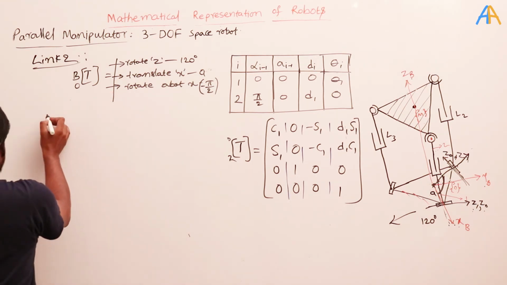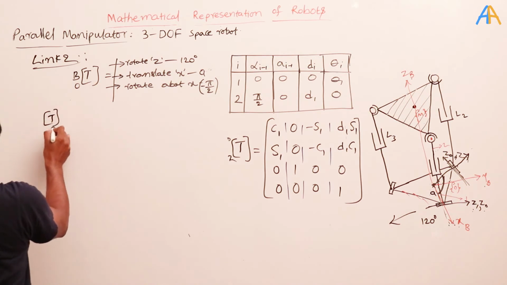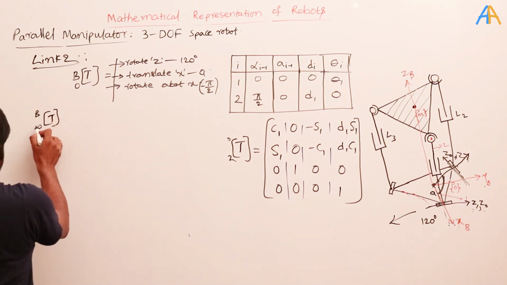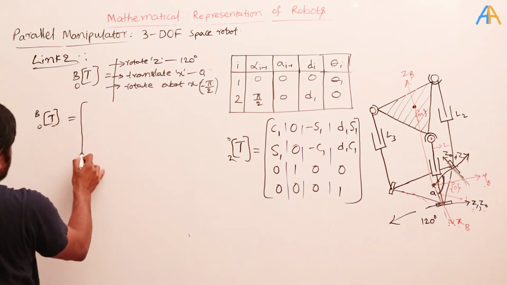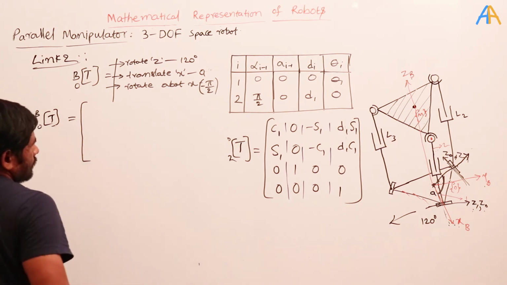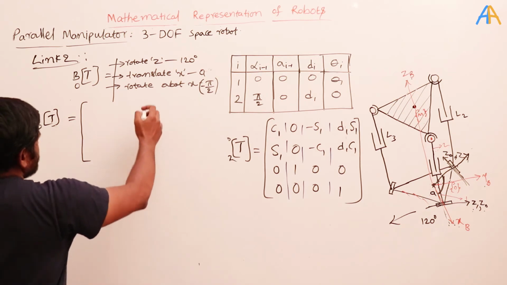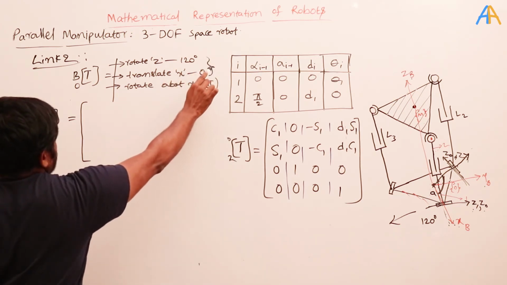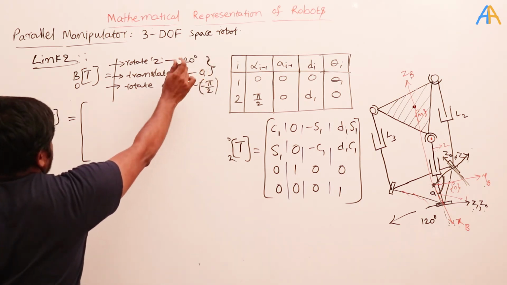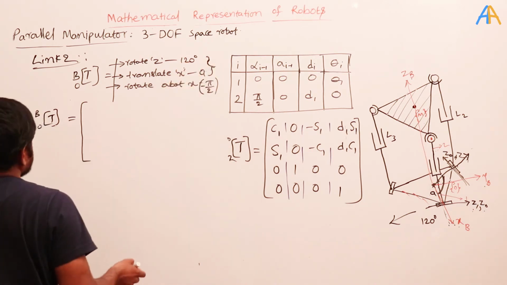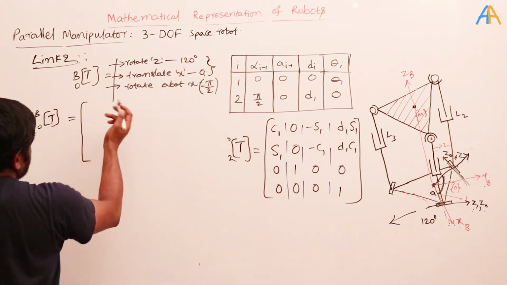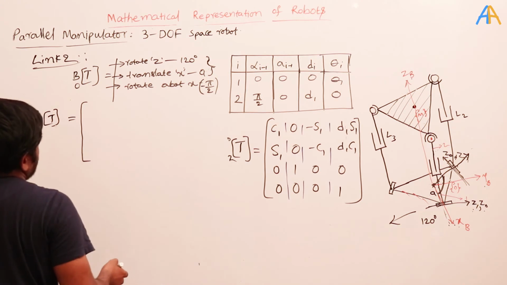So here in this case, b0. So first see what I am doing here. I will combine these two. Okay, I will combine these two. First I am rotating and then translating. So rotating by 120 degrees.